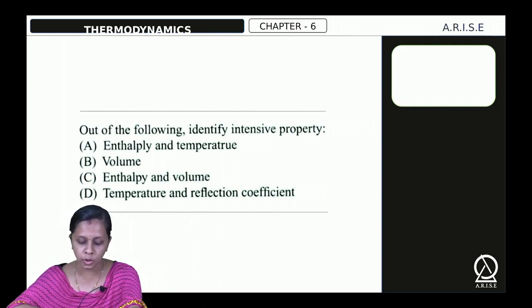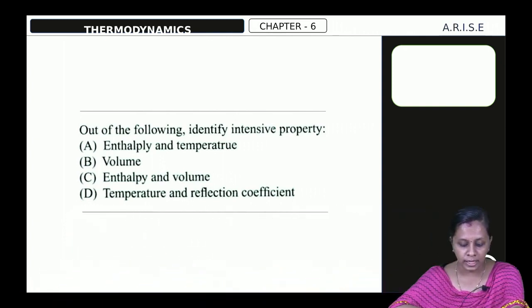So let us look into the options: option A, enthalpy and temperature; option B, volume; option C, enthalpy and volume; option D, temperature and refractive index. In option A, enthalpy is an extensive property, temperature is an intensive property. We have to identify where both are intensive, so option A cannot be the answer.